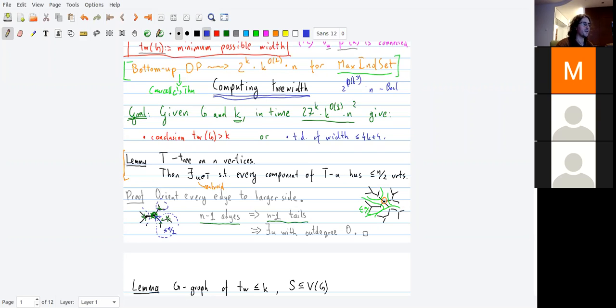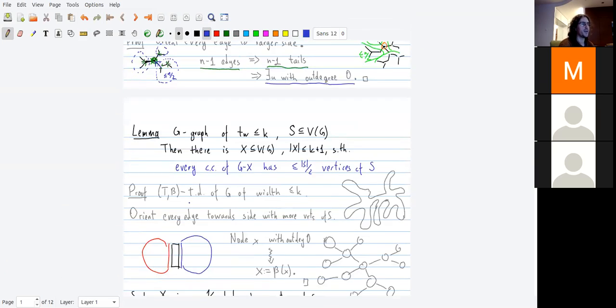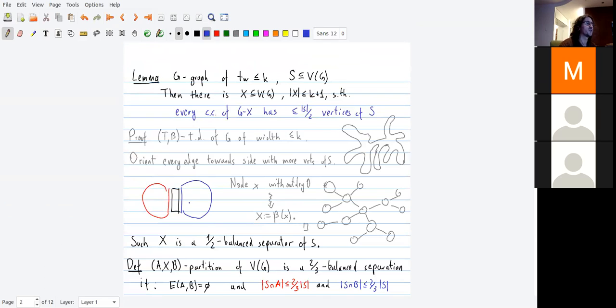So this vertex with out-degree 0 is a vertex that indeed has all the properties that we need. I forgot to say that if both of the sides are of size exactly n over 2, I orient the edge in any direction. It doesn't matter.